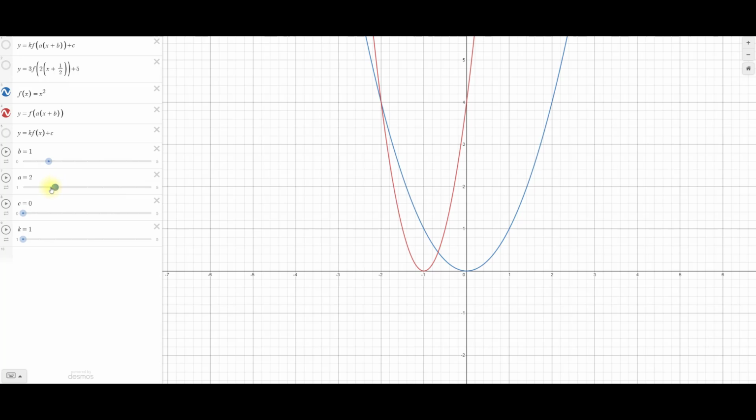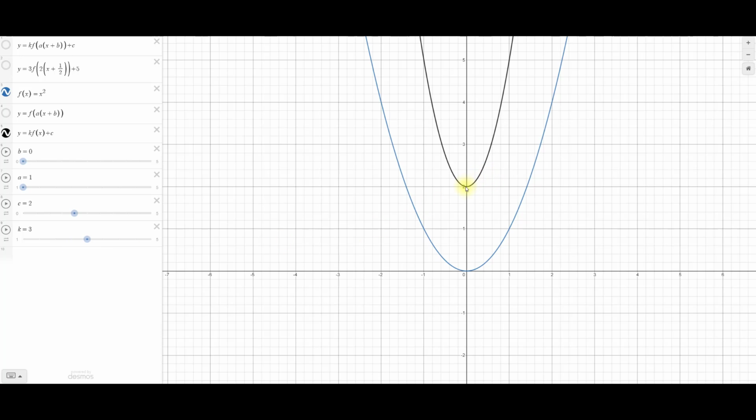Now let's look at the y transformations. So I am going to turn my black curve off. And I'm going to first do my vertical translation. Let's go up by 2. And then do my vertical dilation. And let's set vertical dilation to 3.